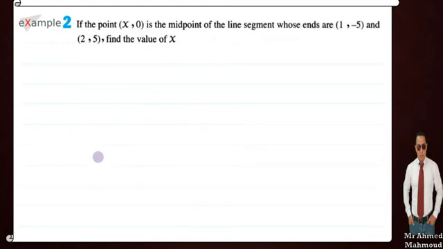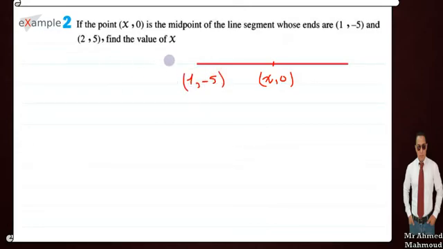Here in example 2, the point (x, 0) is the midpoint of a line segment whose end points are (1, -5) and (2, 5). Find x. First I'm going to draw the line segment like this, and here (x, 0) is the midpoint of the two end points (1, -5) and (2, 5).